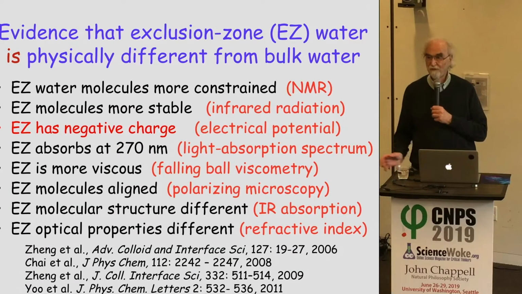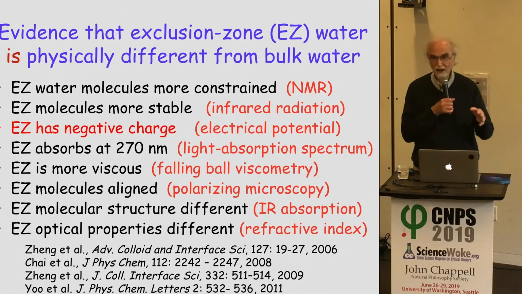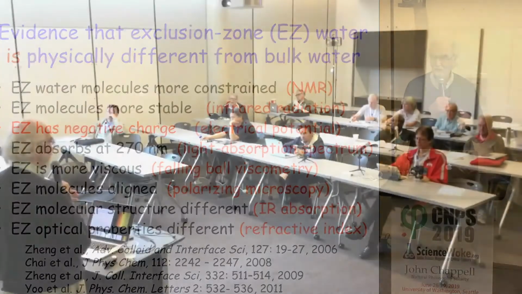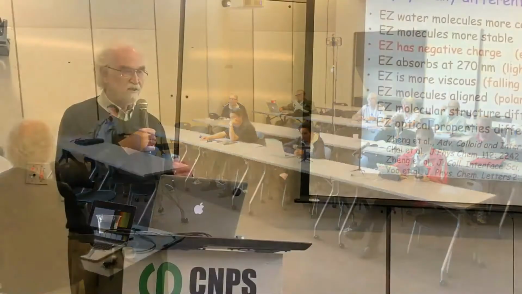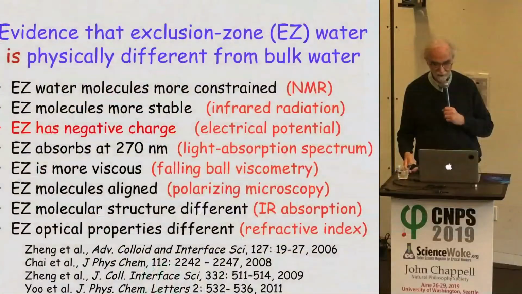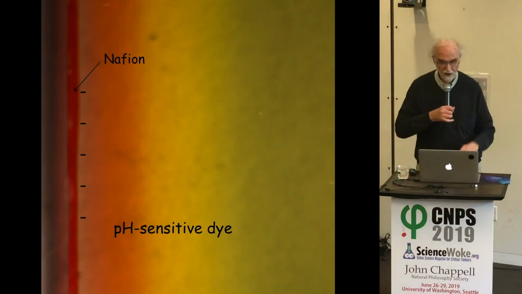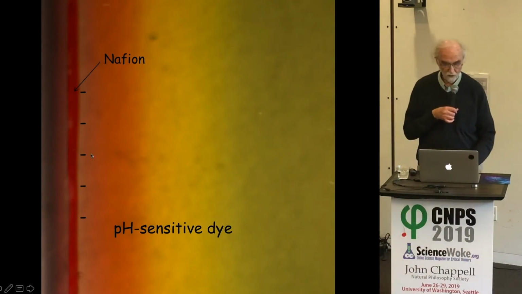So how do we know that the EZ has a negative charge? Well, we set up a chamber, we took a piece of Nafion, which builds nice EZs. We use Nafion quite a lot, although not exclusively. And we wanted to see the EZ first of all, and to see it, what we do is we put some dye in the water. So this is water here.